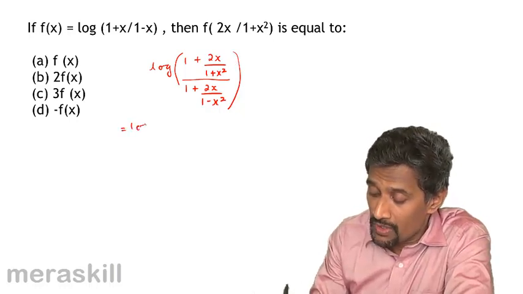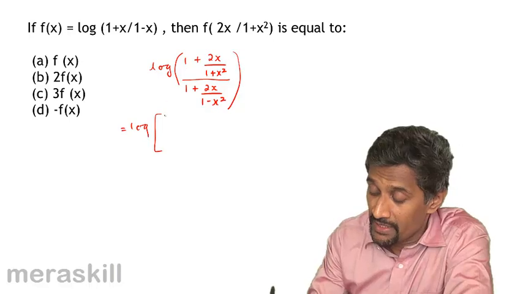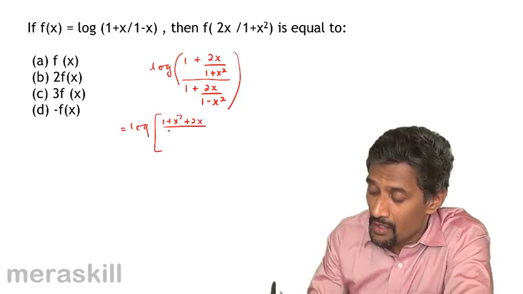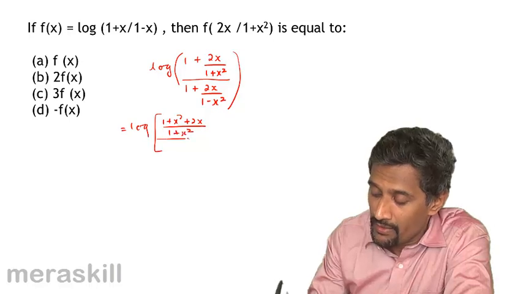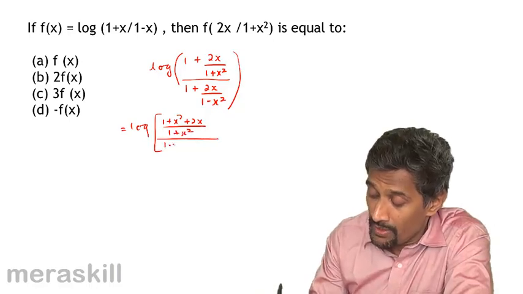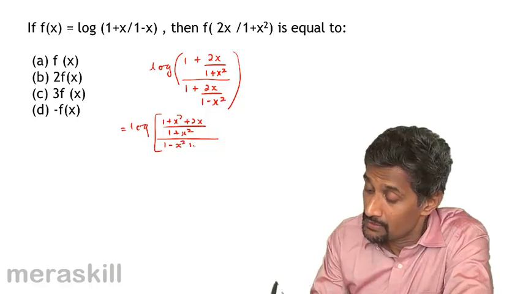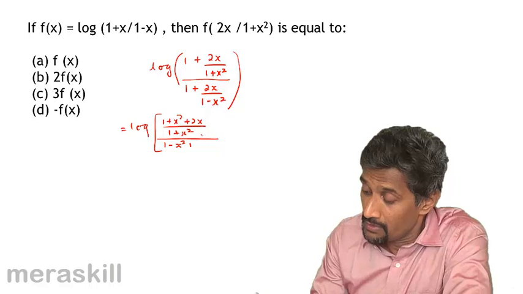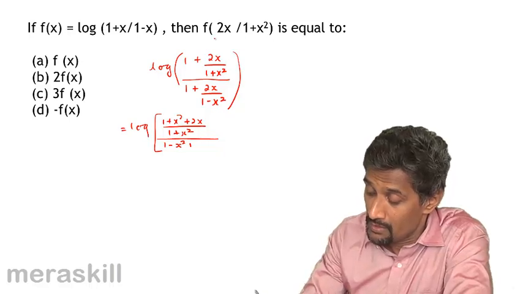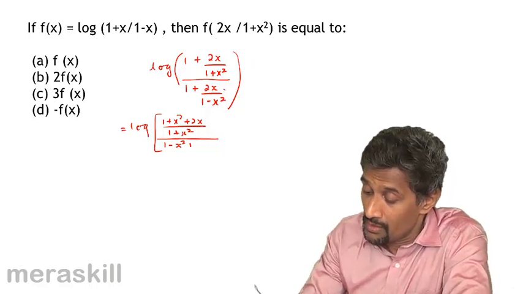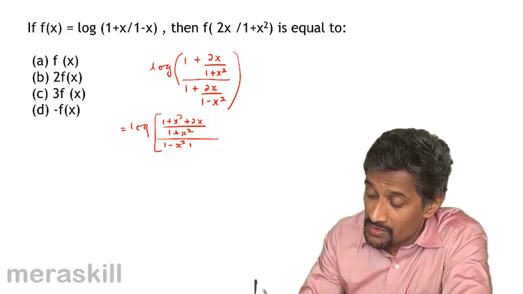This turns out to be log. Taking LCM, you get 1 plus x squared plus 2x upon 1 plus x squared, upon 1 plus x squared minus 2x upon 1 plus x squared. Okay, we made a mistake here.